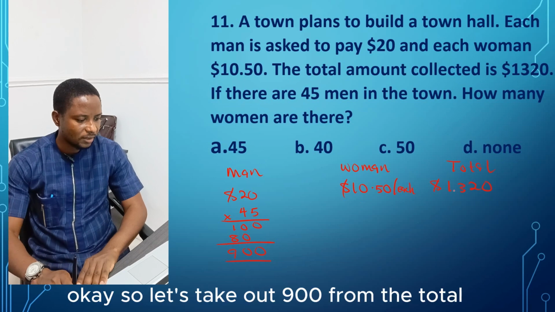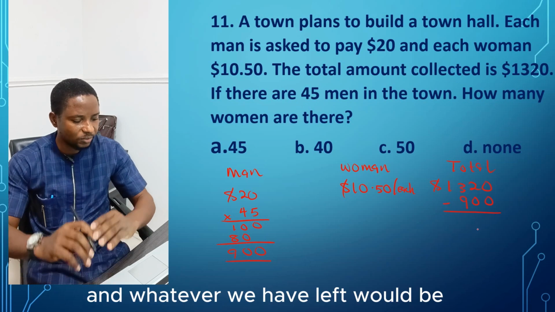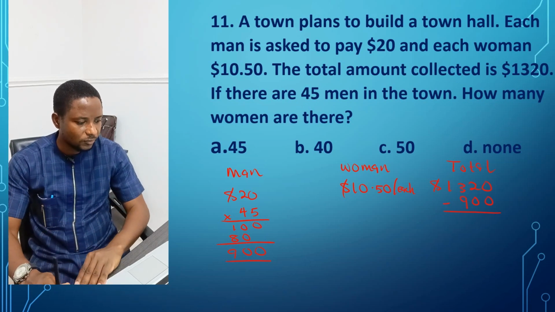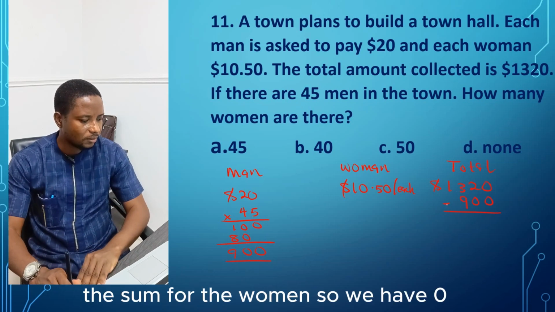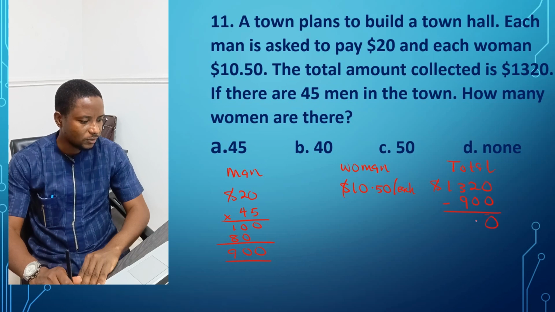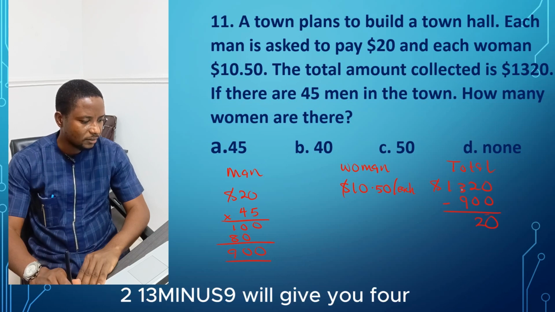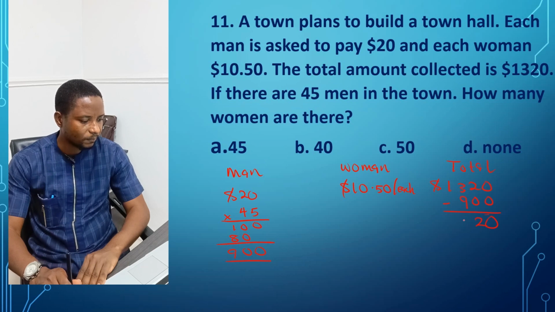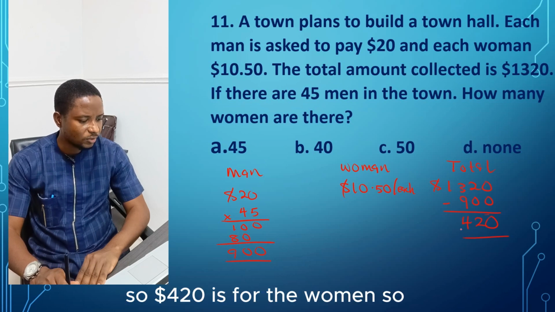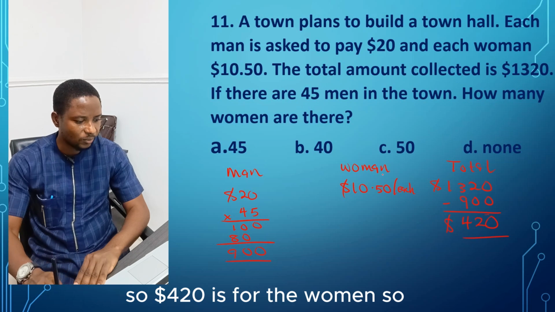Okay, so let's take out 900 from the total, and whatever we have left will be the sum for the women. So we have 0, 2, 13 minus 9 will give you 4. So $420 is for the women.